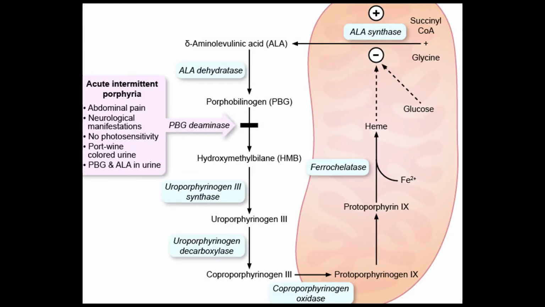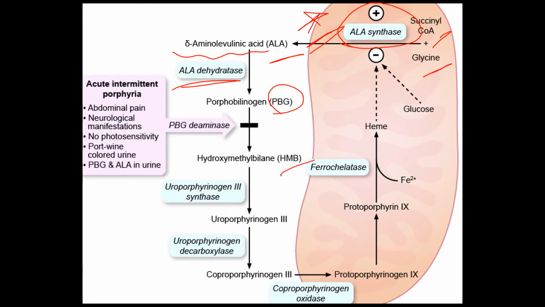This slide shows the reactions involved in heme synthesis. The first and foremost enzyme, the rate-limiting enzyme, is ALA synthetase that converts succinyl-CoA and glycine into delta aminolevulinic acid or ALA. Then ALA dehydratase converts it into PBG or porphobilinogen.